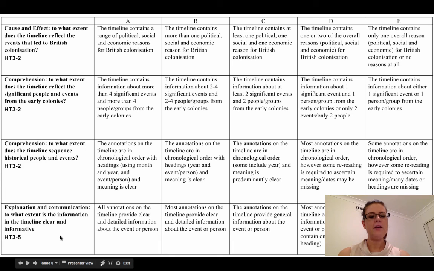And finally, we'll be assessing how well the information comes across on your timeline. Is it clear? Is it understandable? And does it give me information in a good way that I can actually read it and understand what you are expressing about how you understand the early colonies in Australia and the different people and events and so on.